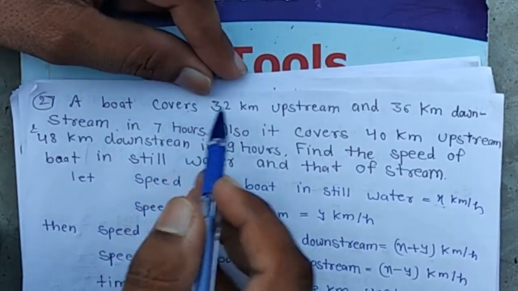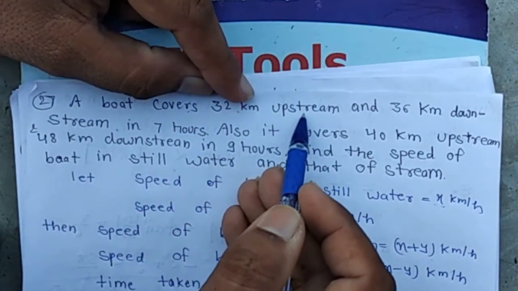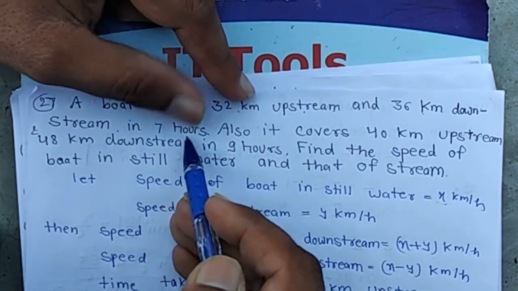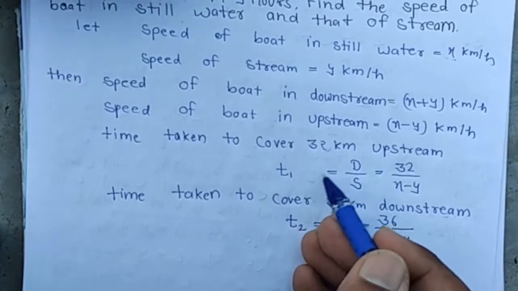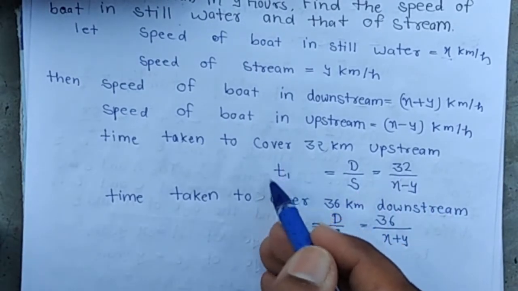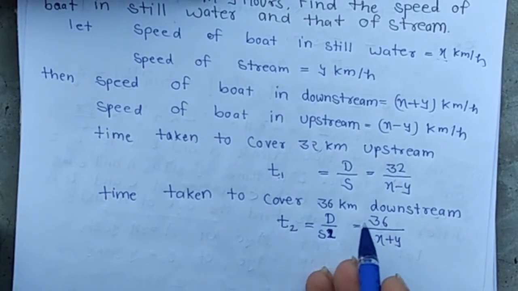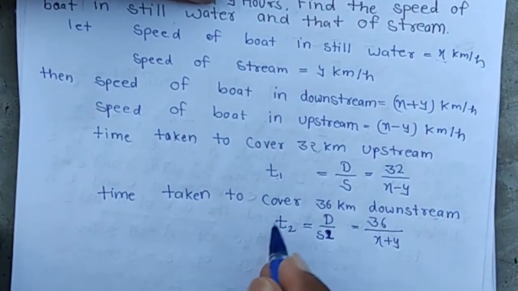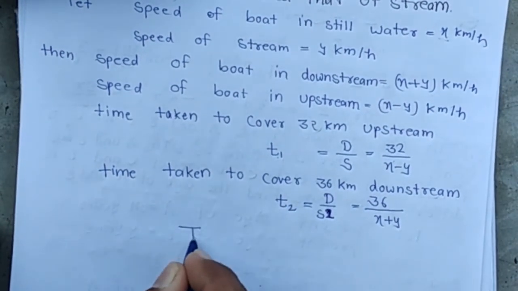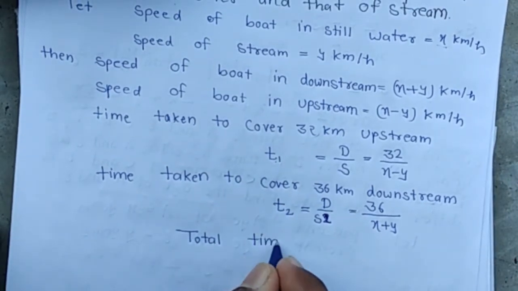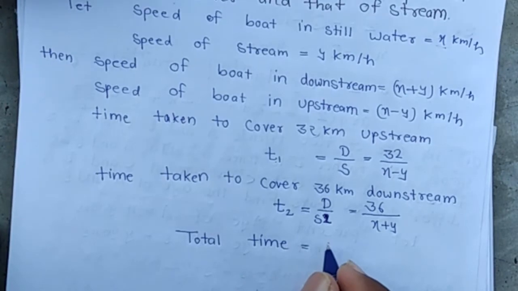A boat covers 32 km upstream and 36 km downstream in 7 hours. Means the time to cover 32 km upstream is t1, the time taken to cover 36 km downstream is t2, and the total time is 7 hours.